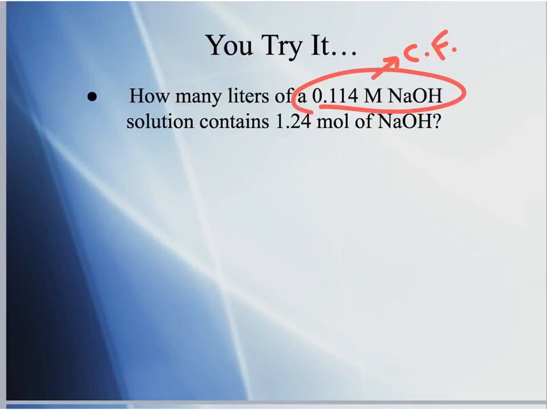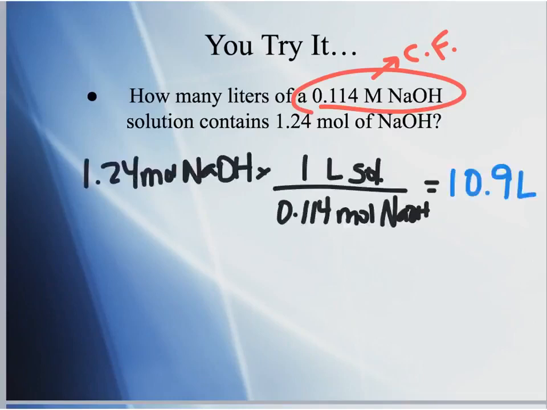All right, how'd you do? Did you get 10.9 liters? Hopefully you did. Here's how we solve that. We're going to start off with the moles of NaOH. We identified molarity as our conversion factor, so we're not going to start with that. We're going to start with the other guy, moles of NaOH, and then we'll use our molarity as a conversion factor.